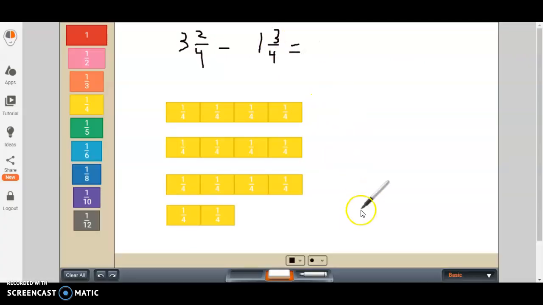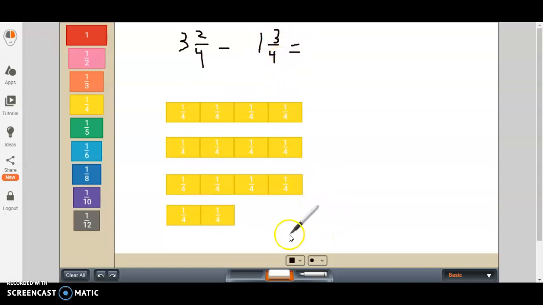Okay. But Mr. O'Connor, what about if you are subtracting a fraction that's greater than what you have? Guess what? We have practiced this. All we have to do is regroup. So here, let me show you. If we have 3 and 2/4, 1, 2, 3 whole numbers and 2/4, and we want to subtract 1 whole and 3/4.